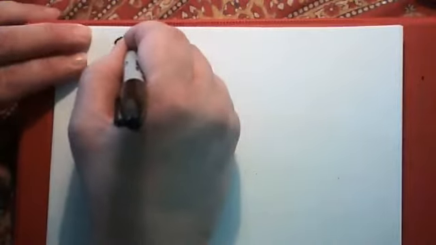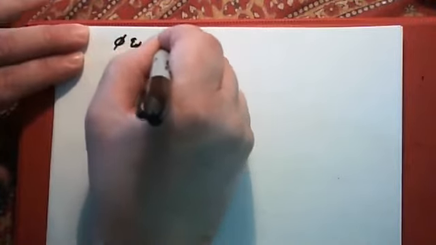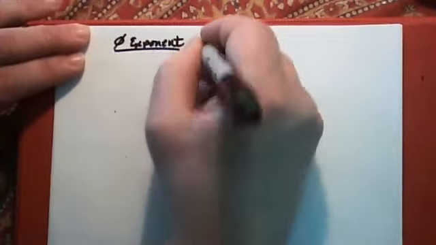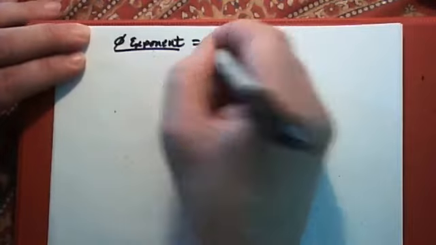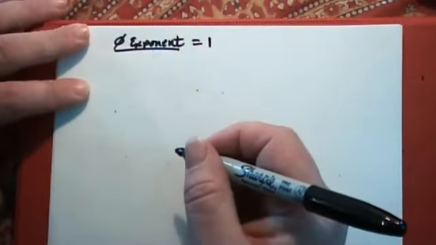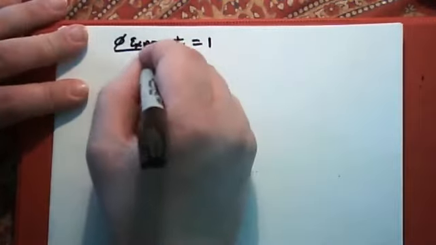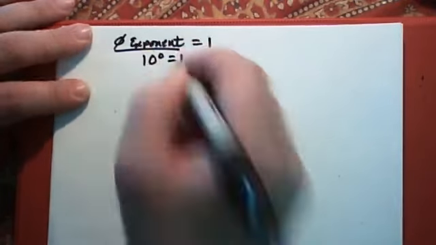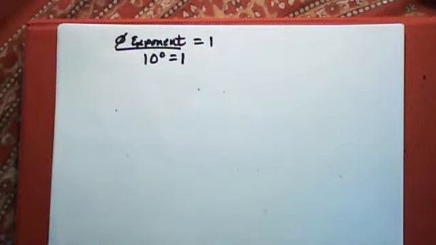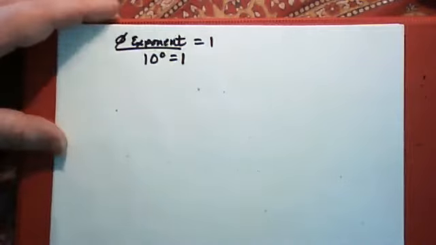And something that's important to remember is, what if the exponent's 0? That means the number is 1. Any number to the 0 power is 1. 10 to the 0 is 1. 10 million to the 0 power is 1. -3 to the 0 power is 1.